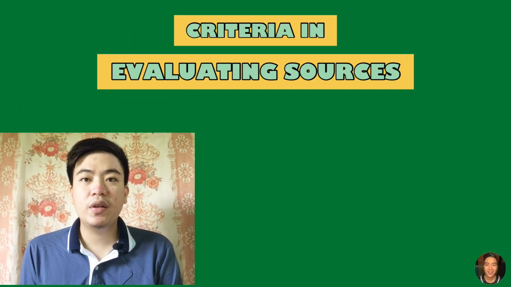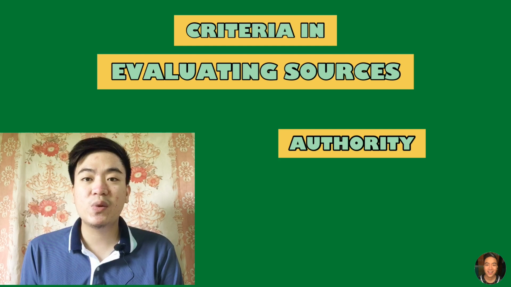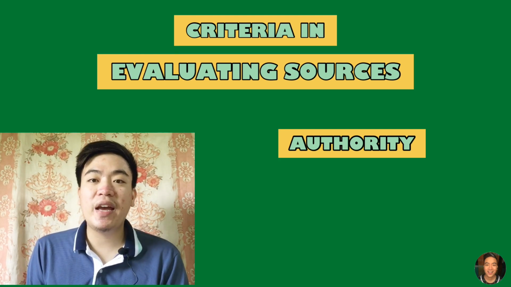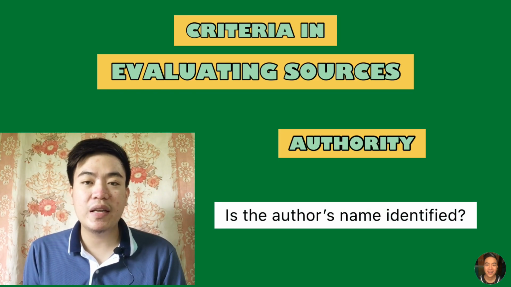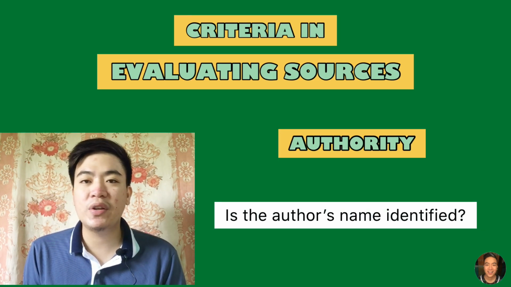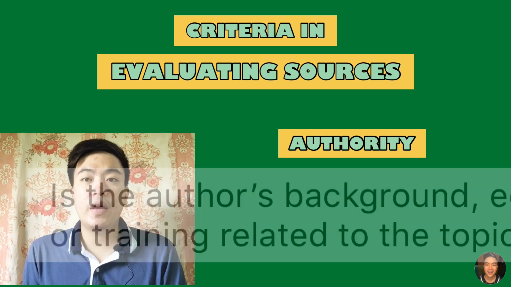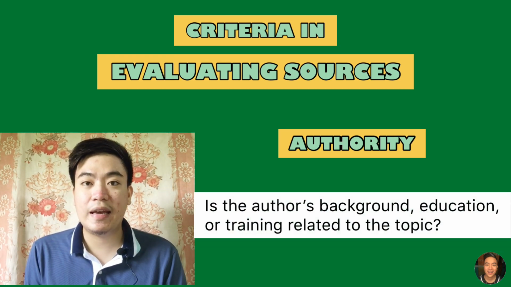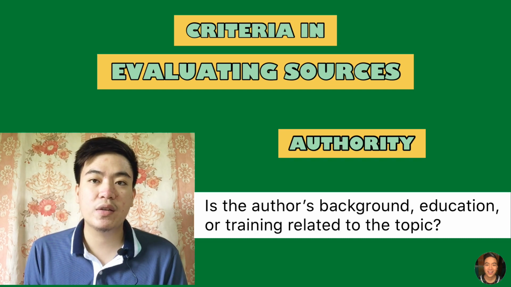Second, let's talk about the authority, or the author's qualifications. In this criterion, it is important for you to check if the name of the author is identified on the text, on the article, or in the textbook. Also check if the author's background and education are indicated in that specific source.